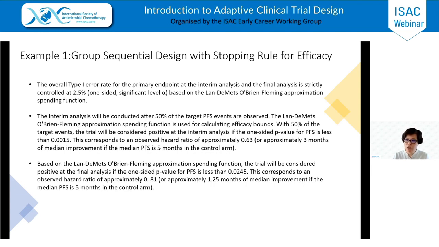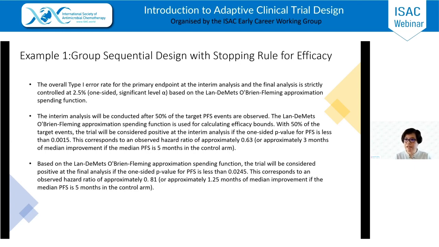So because of this correlation, you can adjust this alpha. By this kind of adjusting method, you can make sure the whole probability of type 1 error is still 0.025. Okay, so this is how this Pembro study did.